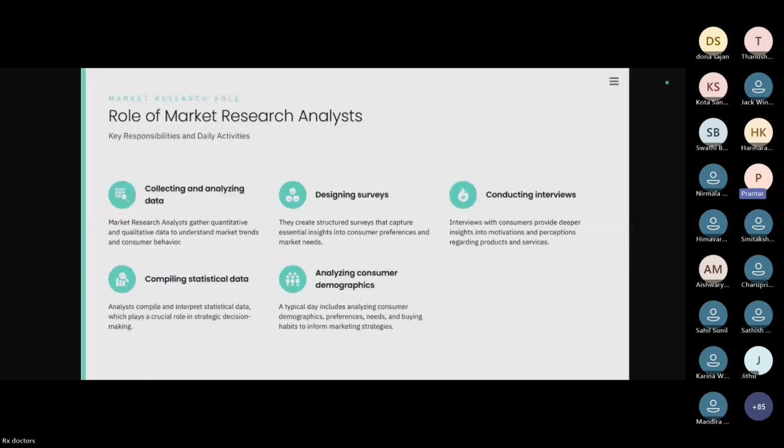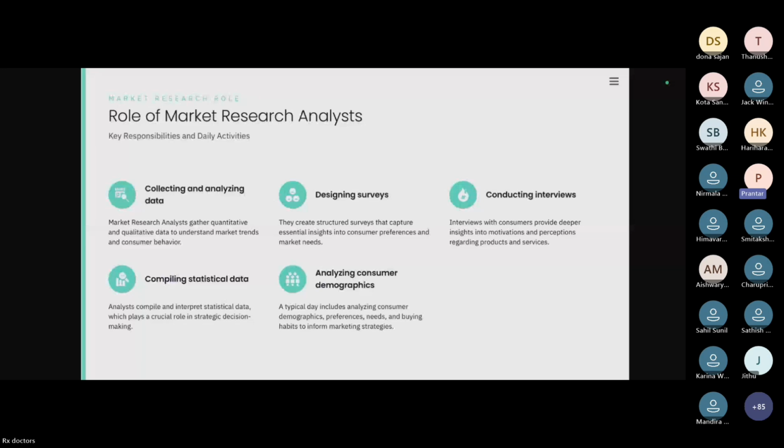These surveys might contain detailed information about the product or whatever the client wants to know about. So designing surveys and conducting interviews are common tasks for analysts, as these help gather more detailed information.